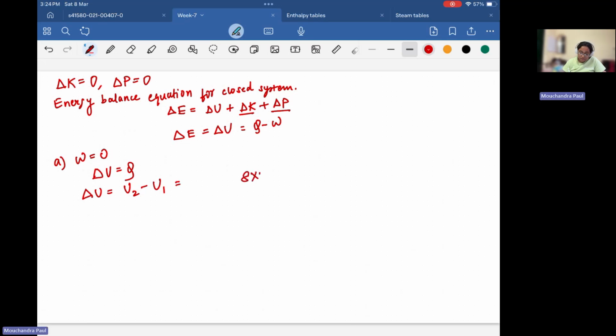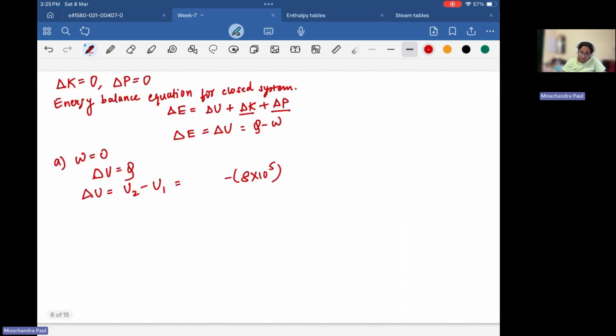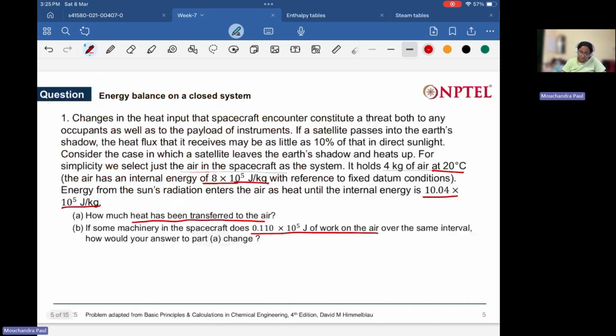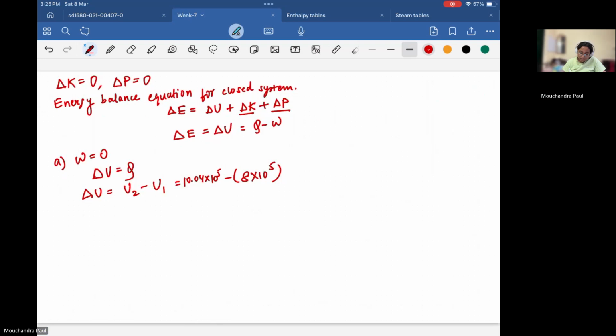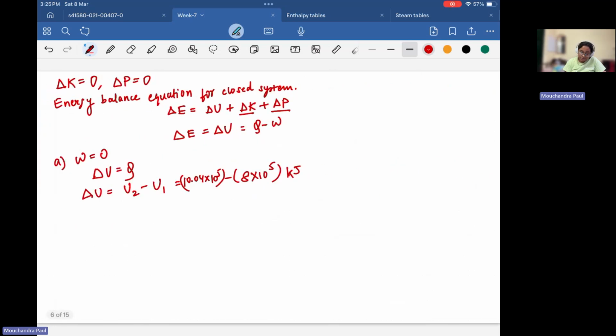Initially it was 8 into 10 to the power 5, and the final internal energy becomes 10.05 into 10 to the power 5 joule per kg. So these are specific quantities. Please make note of that.